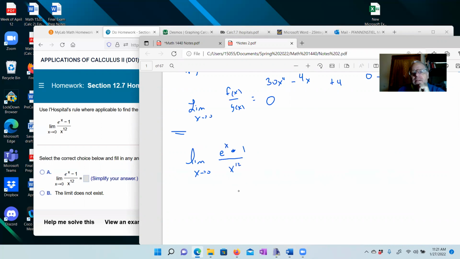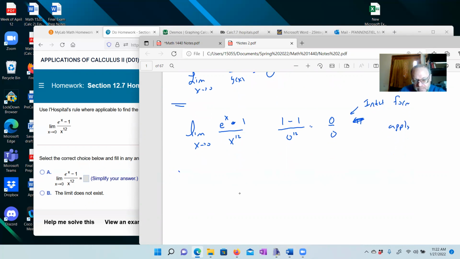If I plug in 0, e to the 0 is 1, minus 1, divided by 0 to the 12th power. That's 0 over 0. Hey, what do you know? We have an indeterminate form. Not all of them do, but we have one here, so we can apply L'Hopital's.